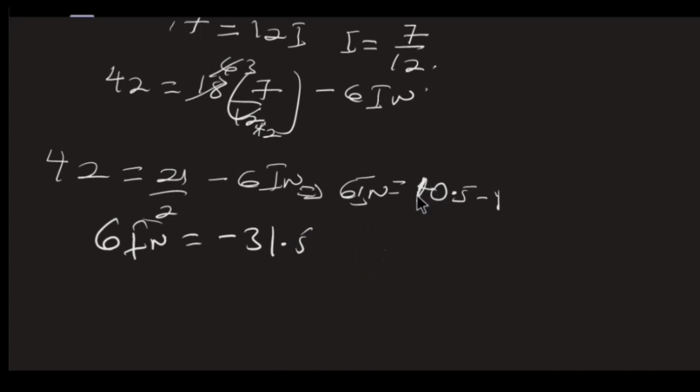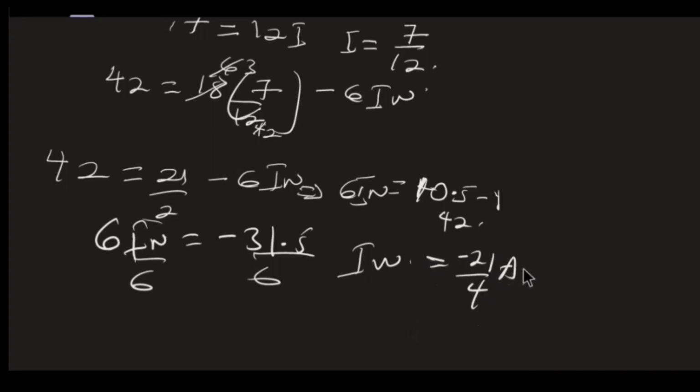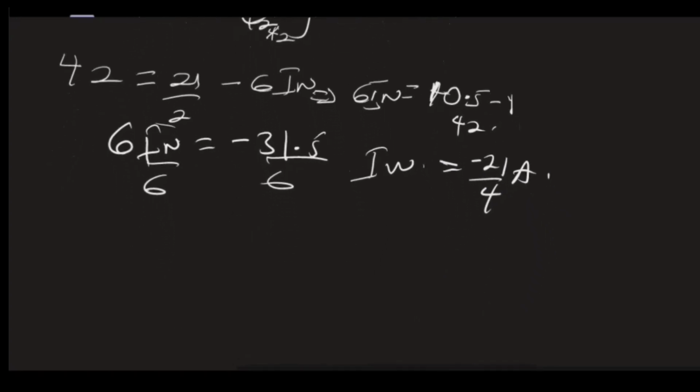Then I divide through by 6 to get my IN. So my IN will be simply negative 21 over 4 amperes. And normally when you are doing applied electricity, take note, don't leave your answer in decimals. It's preferable to leave it in fractional notation to avoid round-off errors.